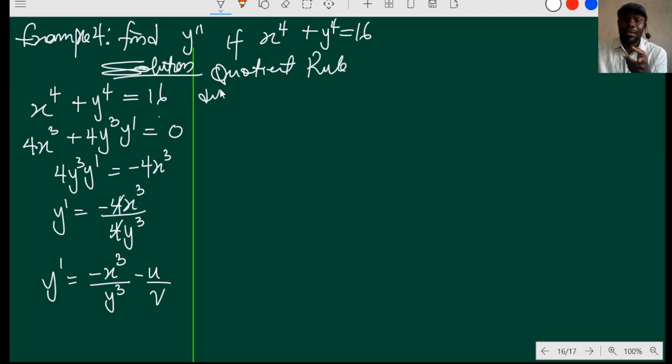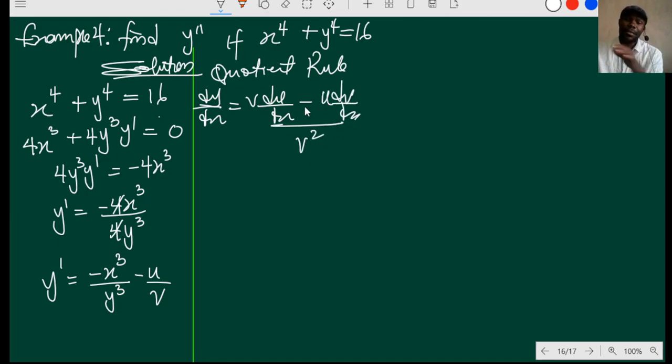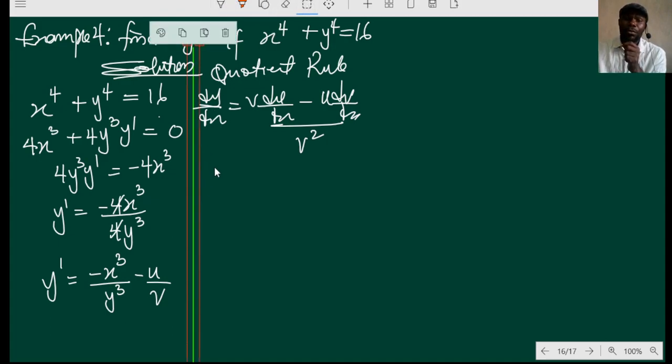Let's remind ourselves about the quotient rule: v du/dx minus u dv/dx over v squared. That is the formula for the quotient rule. So we now want to apply this quotient rule.